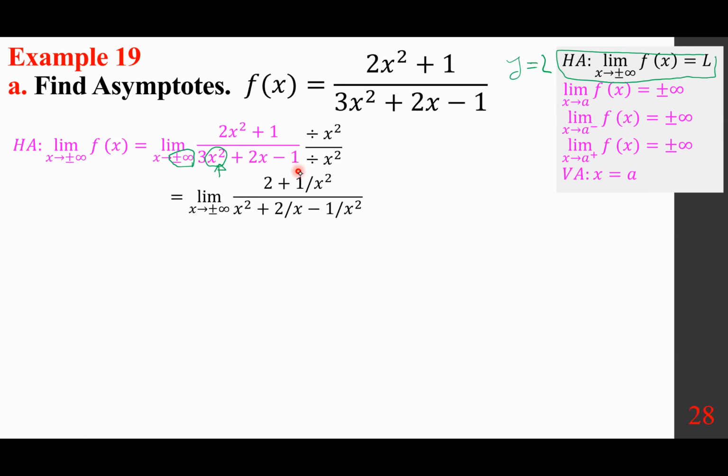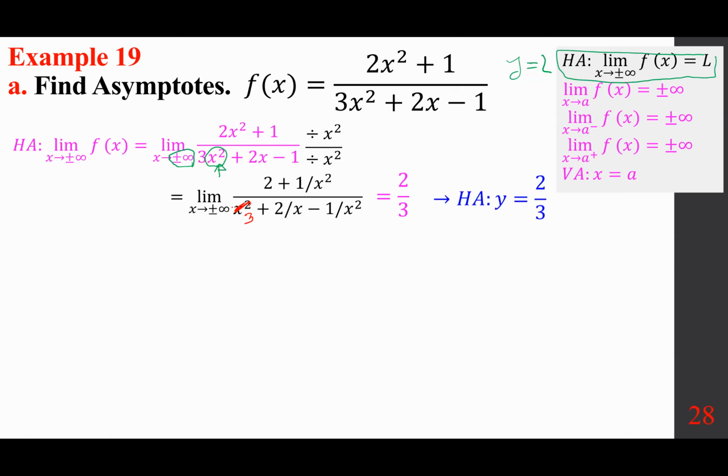So this one is 3. So the answer is 2/3, and therefore the horizontal asymptote has the equation y equals 2/3.